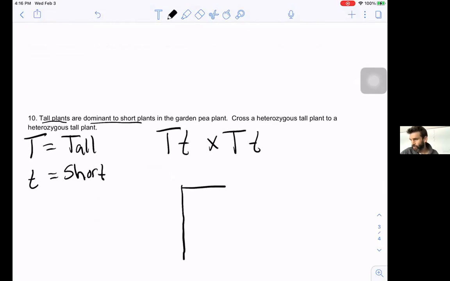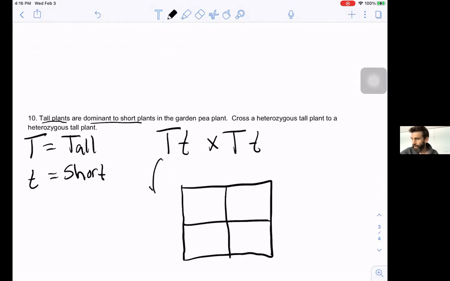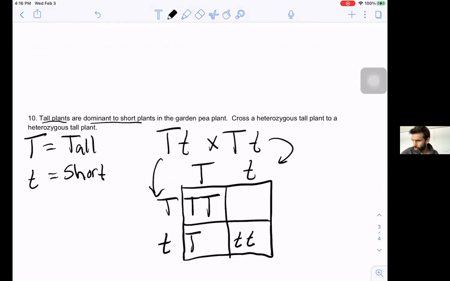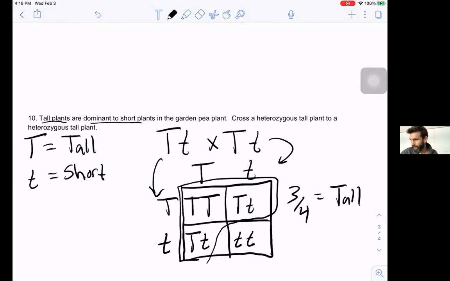And when you cross 2 heterozygotes, you will always get the same distribution that we always see. You'll get one homozygous dominant, one homozygous recessive, and two heterozygotes. So you can see here that 3 out of 4 will be tall, and 1 out of 4 will be short.